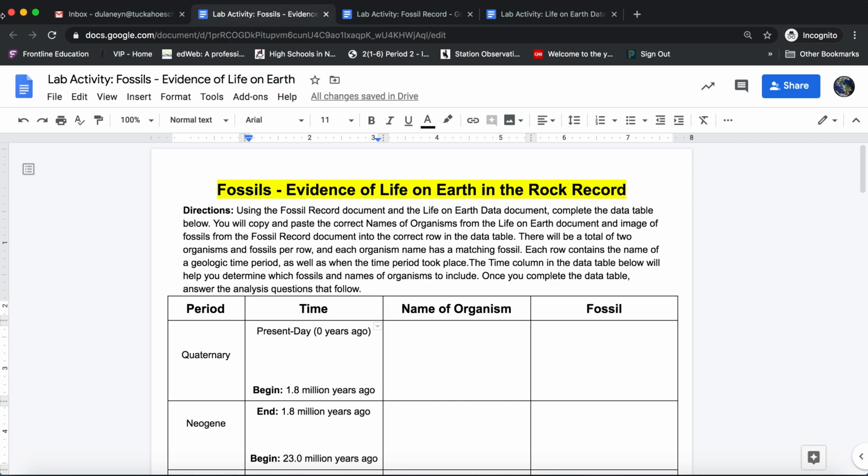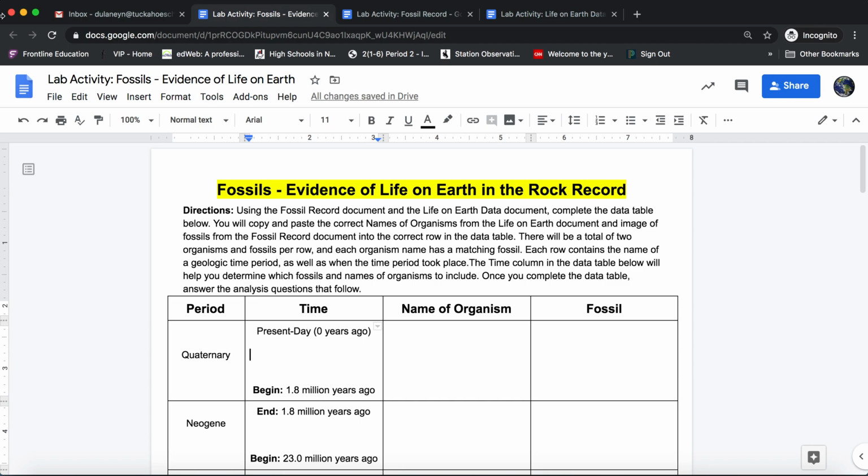Using the fossil record document and the Life on Earth data document, complete the data table below. You will copy and paste the correct names of organisms from the Life on Earth document and images of fossils from the fossil record document into the correct row in the data table. There will be a total of 2 organisms and fossils per row, and each organism name has a matching fossil.